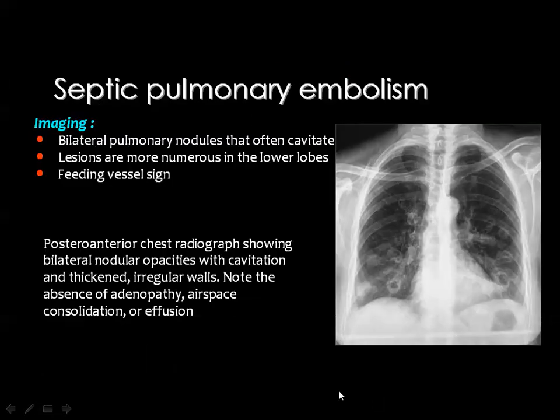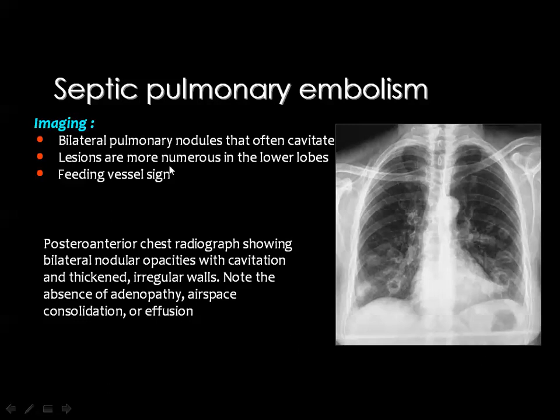Then if you look at this chest radiograph, you can see multiple cavitating pulmonary nodules scattered throughout both lung fields. Then you need the clinical data to reach the specific diagnosis, because multiple pulmonary cavitating nodules have a very long list of differential diagnoses, which I will mention in a moment.